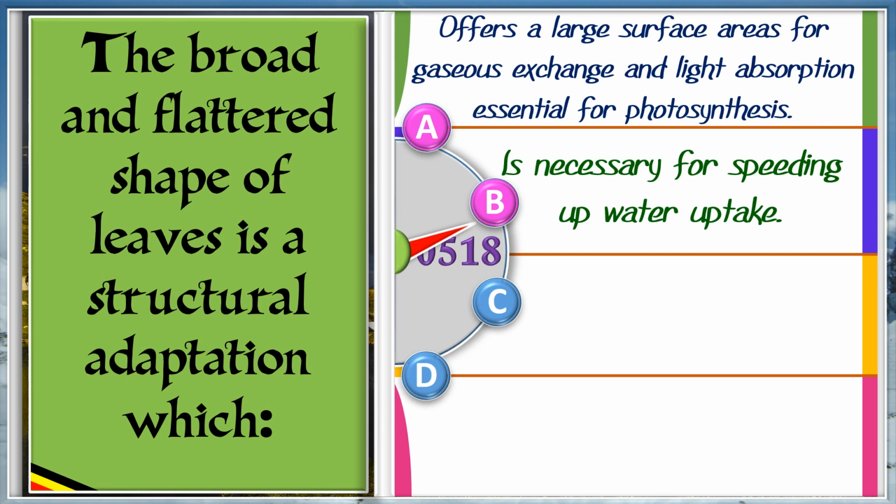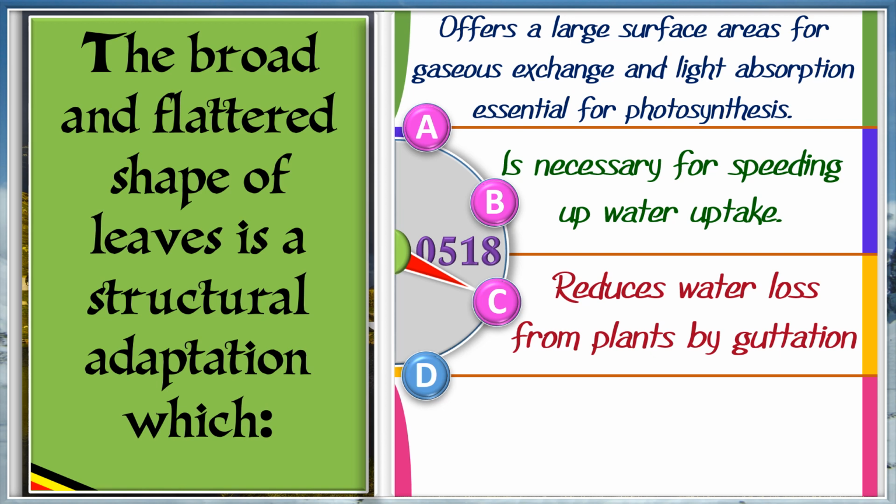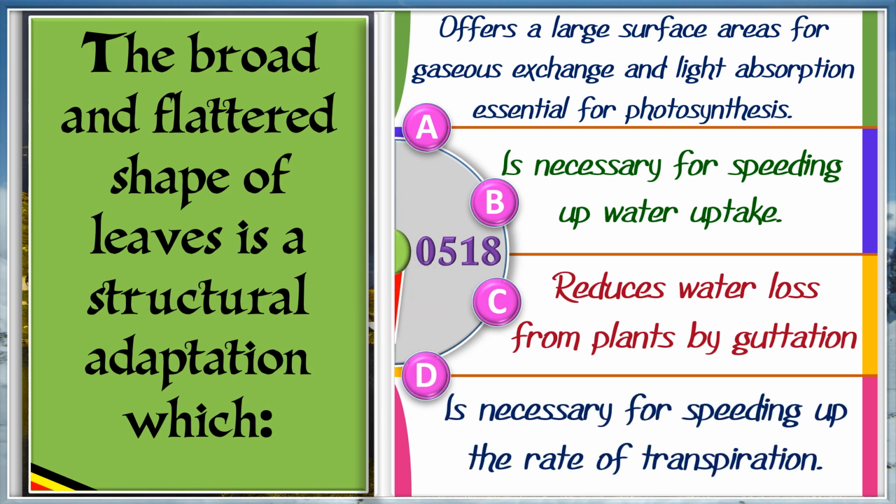C. Reduces water loss from plants by guttation. D. Is necessary for speeding up the rate of transpiration. And the answer is A. Offers a large surface area for gaseous exchange and light absorption essential for photosynthesis.